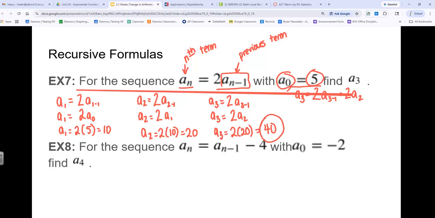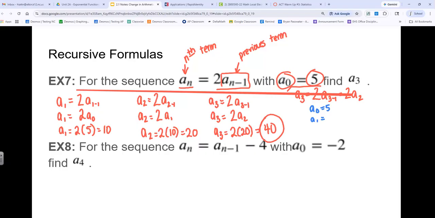Now, you don't necessarily have to show all of that work. You could just look at the pattern that's happening. If I were doing this problem, here is probably what I would write down. I'm going to use a different color just to show you how you could shortcut this a little bit. I would probably say, I already know a sub 0 is 5. A sub 1 is 2 times the previous term.